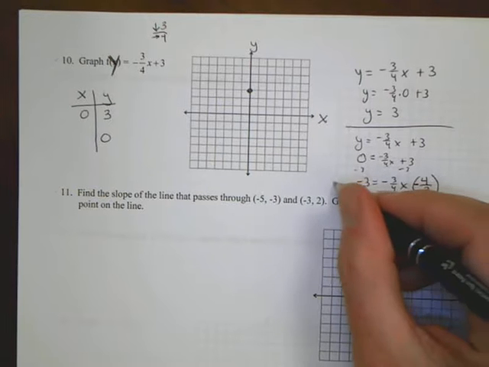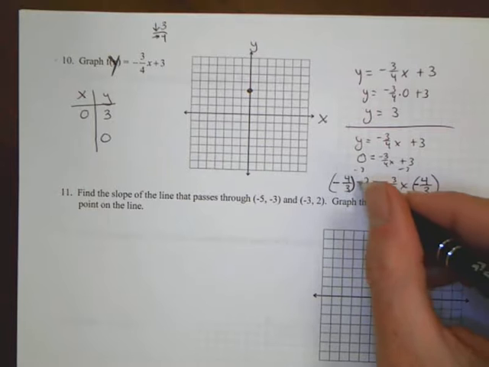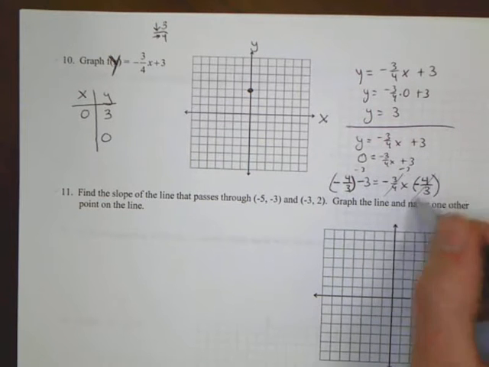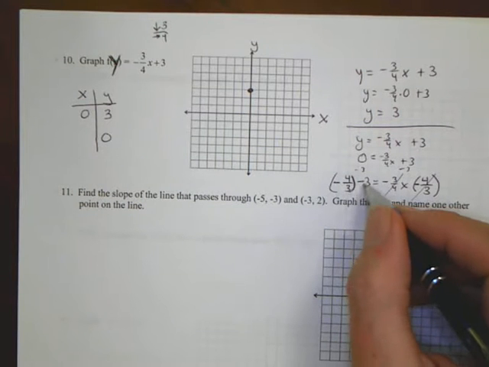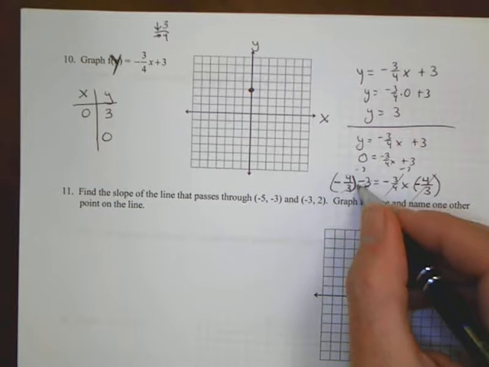So negative 4/3 over here times a negative 3. This will cancel out. Off it goes, leaving me with just the x. And over here, a negative 4/3 times a negative 3. The 3's cancel out. This is like 3 over 1. You multiply it this way. The 3's cancel out.